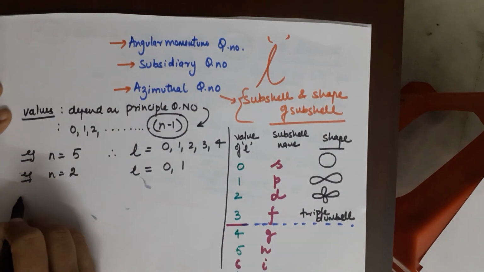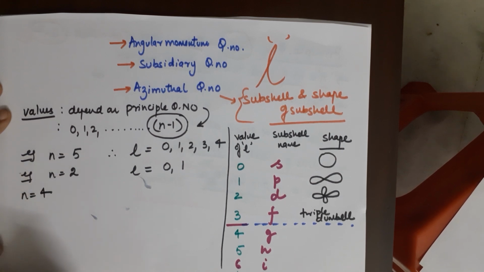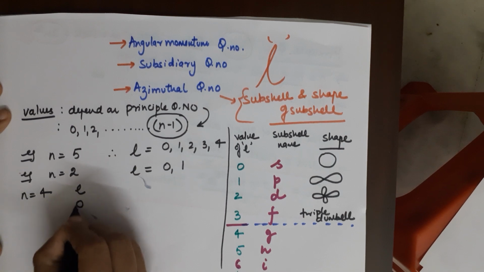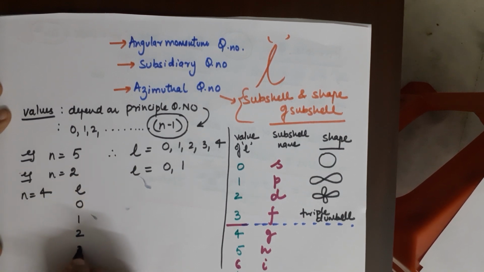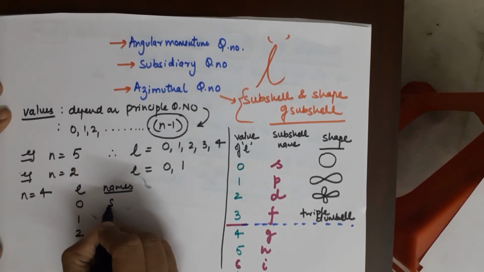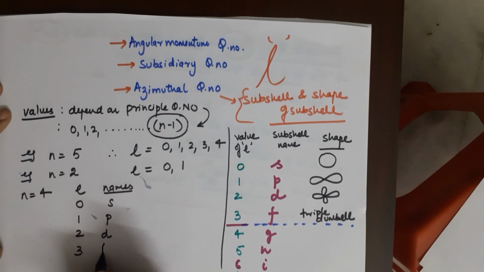Therefore, let's say n is equal to 4. In that case, what are the possible values of l? l can be 0, 1, 2 and 3. If l is 0, 1, 2, 3, what will be the names of the subshells? s, p, d and f.